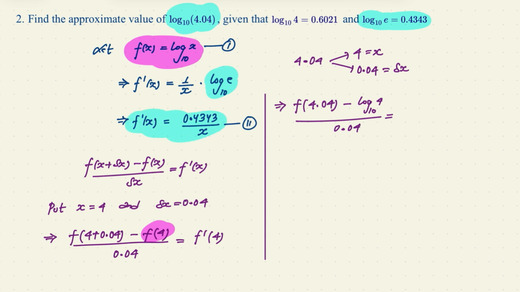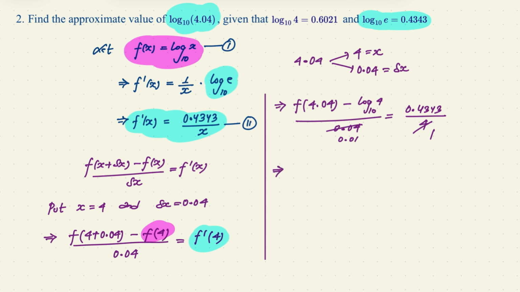We can write the value of f dash of 4, that is 0.4343 by 4. So here we can cancel 4, ones are 4, 0.01.